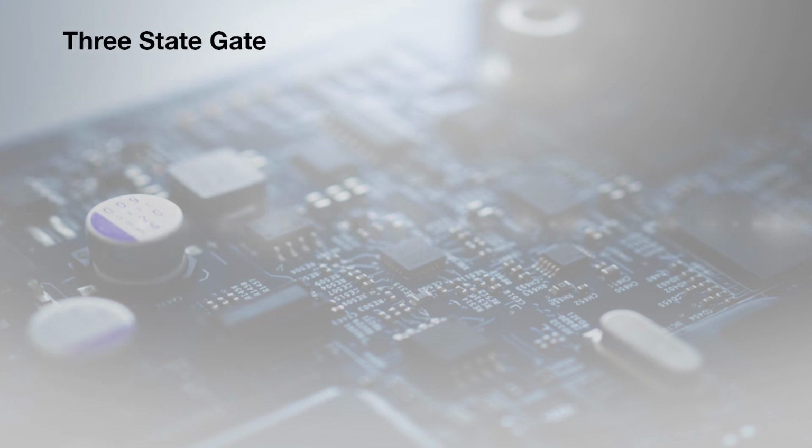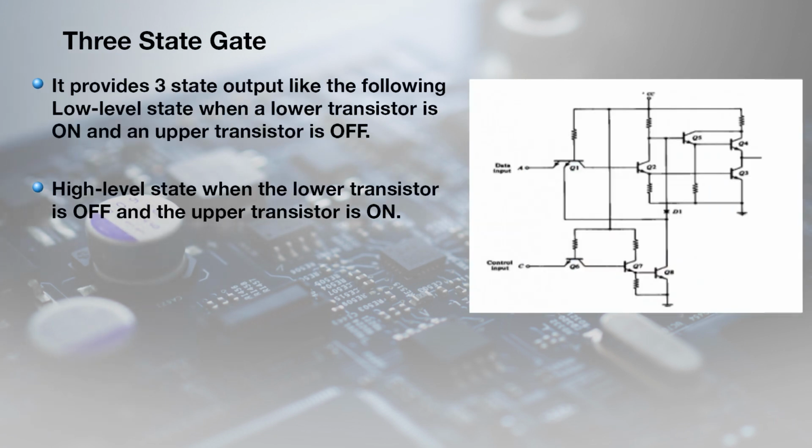Now we discuss the 3-state gates. Figure 3 shows the 3-state gates, and it provides three-state output like the following: low level state when the lower transistor is on and the upper transistor is off, high level state when the lower transistor is off and the upper transistor is on, and third state when both transistors are off.